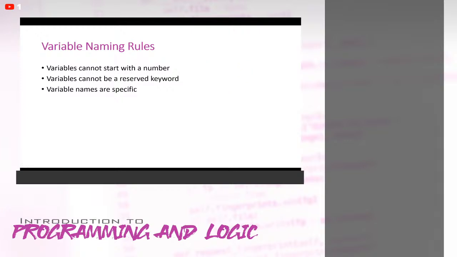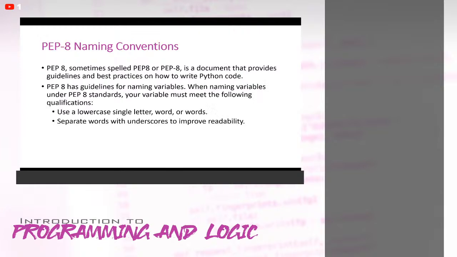But we also have some naming conventions in Python that we like to abide by. These are the PEP8 naming conventions. So you could see it written a couple different ways, PEP space 8, PEP dash 8, or just all as one word, PEP8. It's a document that provides guidelines and best practices on how you write Python code to make it standardized.